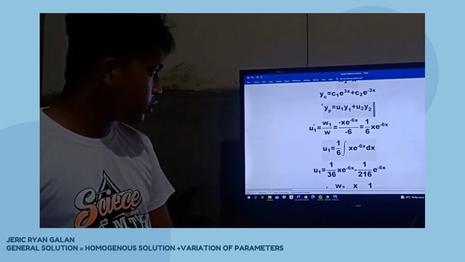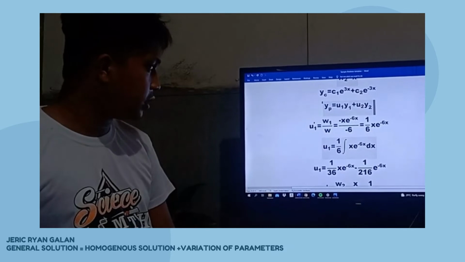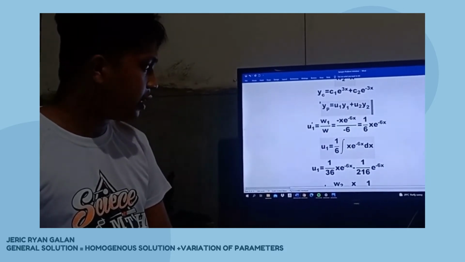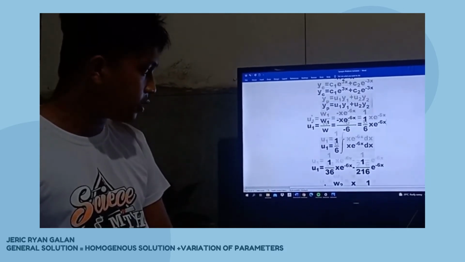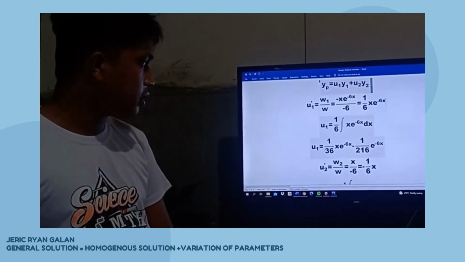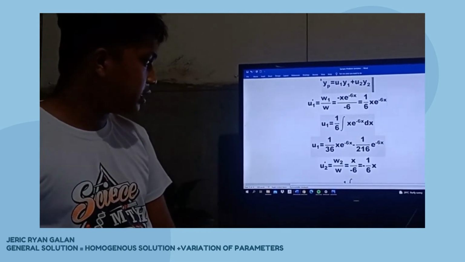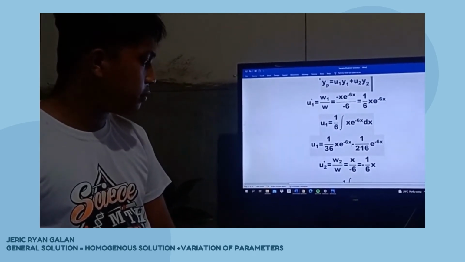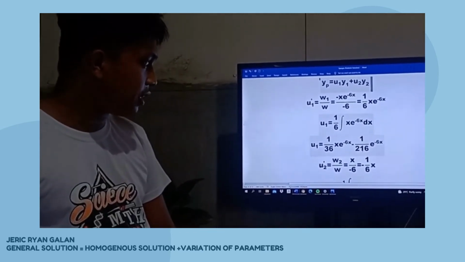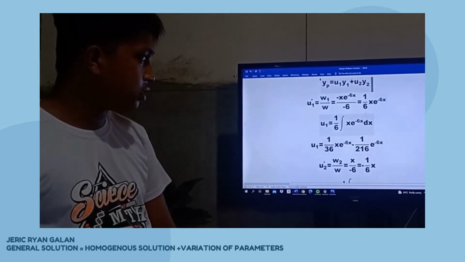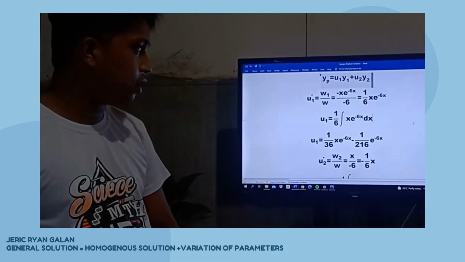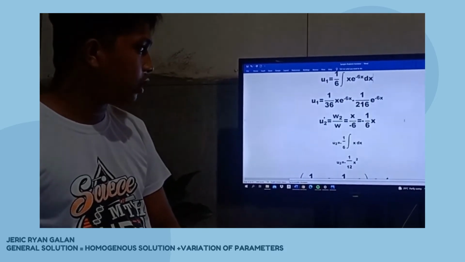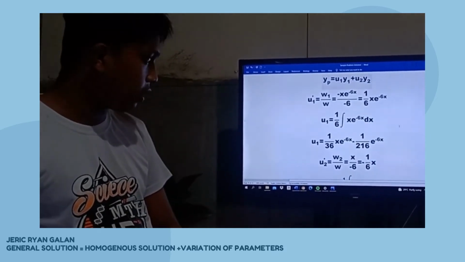So, ang u sub 1 nimo is equals to 1 over 6 integration of x e raised to negative 6x dx. So, ang u sub 1 nimo is equals to 1 over 36 x e raised to negative 6x minus 1 over 216 e raised to negative 6x. So, gidiretso na lang namo kay kabalo naman kortahan ni pagkuha sa integration.